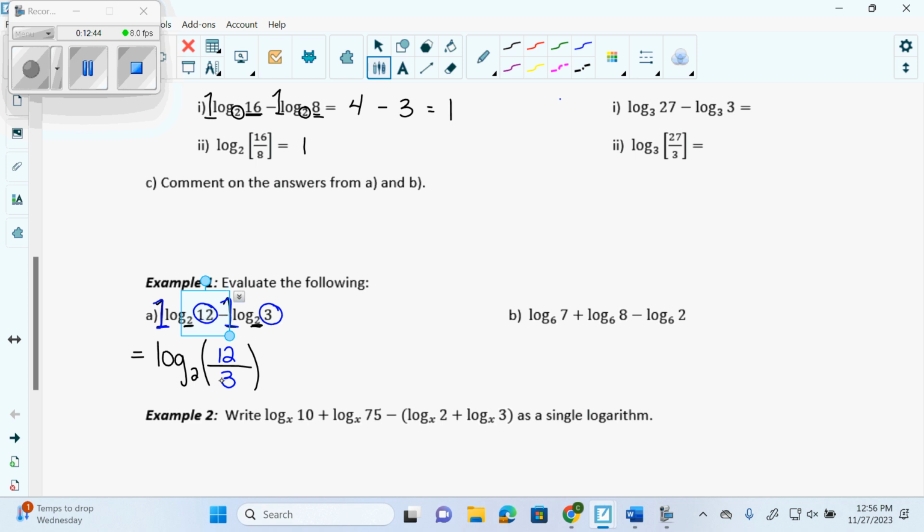So what are we going to get? Log base 2 of what? What's 12 divided by 3? 4. We don't need our calculators. 2 to what power is 4? 2. So the answer to this will be 2.